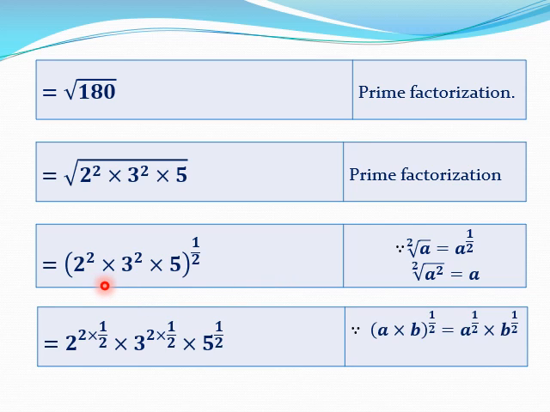Then we are going to separate these numbers now. 2 raised to power 2 multiplied by its exponent 1 by 2, and 3 raised to power 2 multiplied by 1 by 2, and 5 raised to power 1 by 2. And this is a very basic law: if two numbers are written in product with the same exponent, we can separate them, as a into b whole power 1 by 2 can be written as a raised to power 1 by 2 and b raised to power 1 by 2.